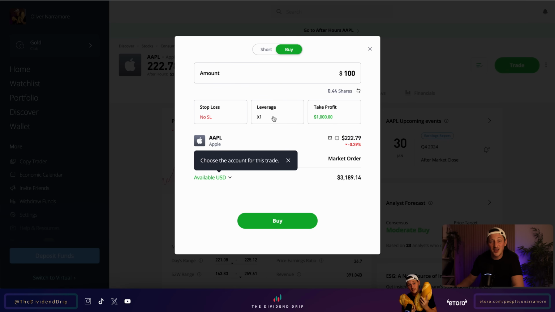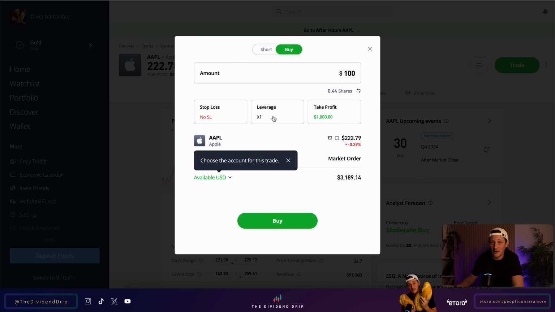You've also got leverage. Stay away from leverage. Everyone in here, stay away from leverage. Leverage is goddamn dangerous. Leverage basically means you're borrowing money. So if it drops by 10% from your 100, it will drop by $10, okay? If you use 2 times leverage, it will drop by $20 out of that 100. Do you understand?